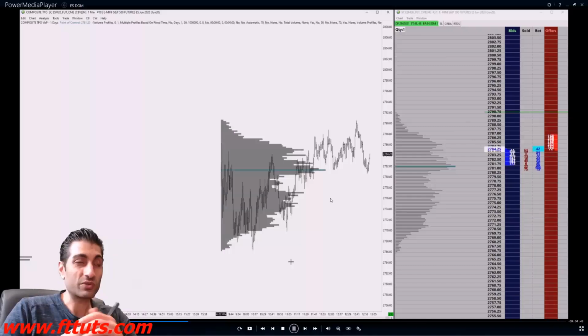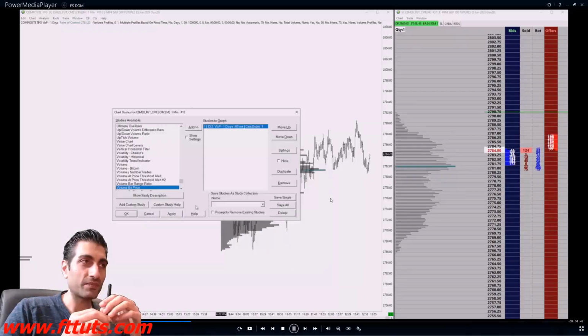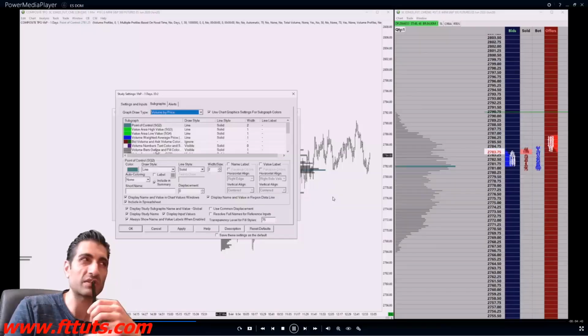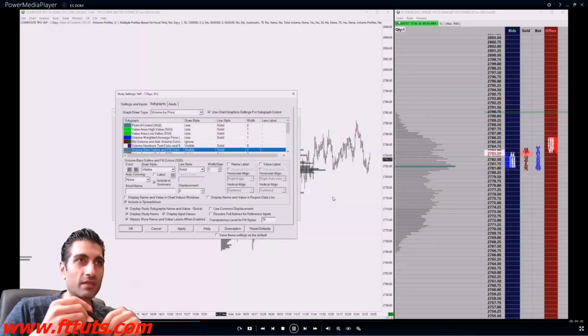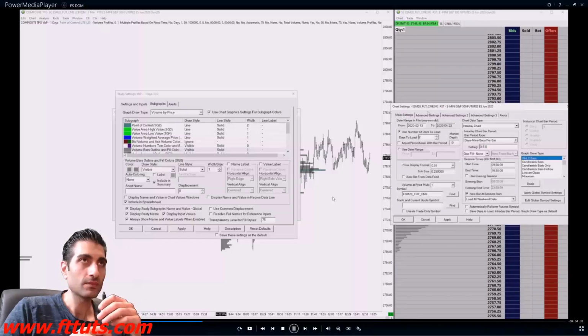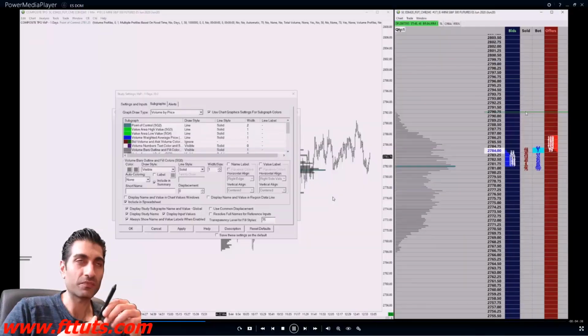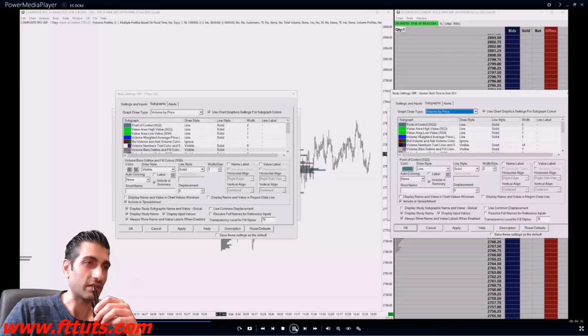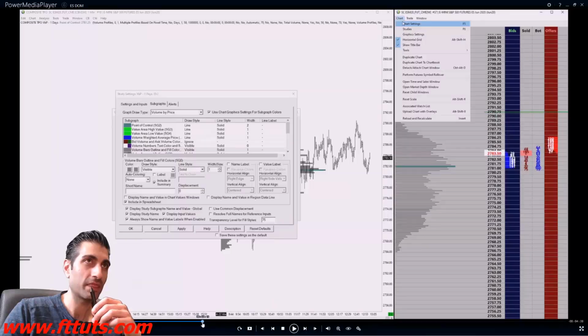So I go through this process here of trying to get them to match. I go into settings, I go to subgraphs. You can slow this down. I change some colors around, and I'm actually checking the colors on this as well. I'm sorry, I know I keep stopping and rewinding, but let me just show you what I did here.